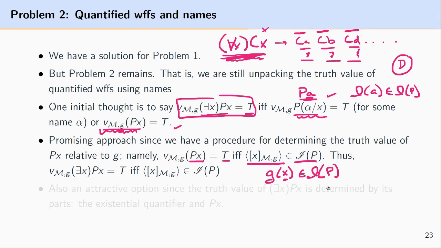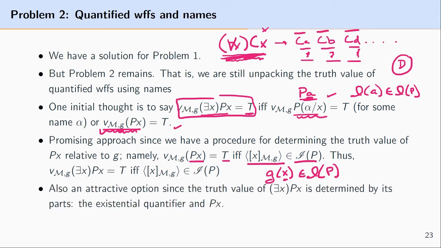Another reason this is an attractive option is because it really makes the truth value of ∃xPx determined in a compositional way. That is, the truth value of the whole formula is determined by how we understand the parts, that is, how we understand the existential quantifier and Px.